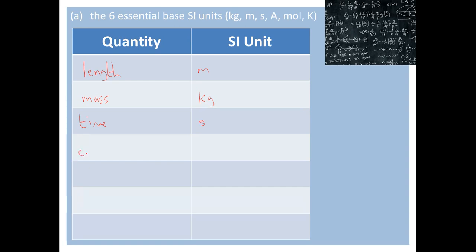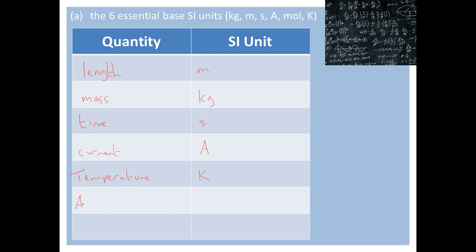We also have electrical current, which is measured in amperes or amps. Some of you will have already encountered the unit for temperature if you did triple science at GCSE. All temperatures now should be measured in Kelvin, which is just a slightly different scale to Celsius.